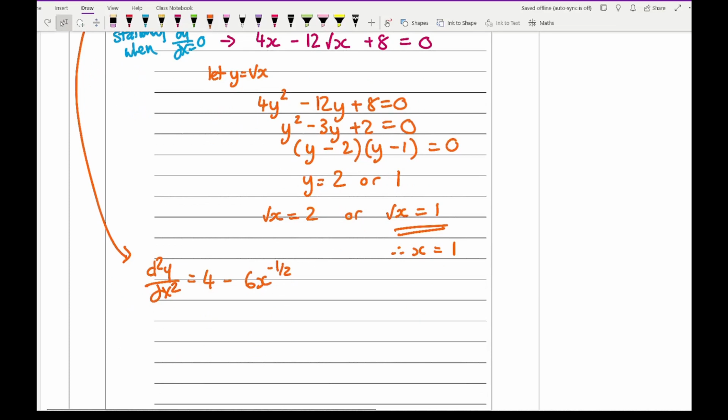Then if I make x equal to 1, I end up with 4 minus 6 over root 1, which gives me a negative value, which is less than 0, so therefore a maximum point when x equals 1.